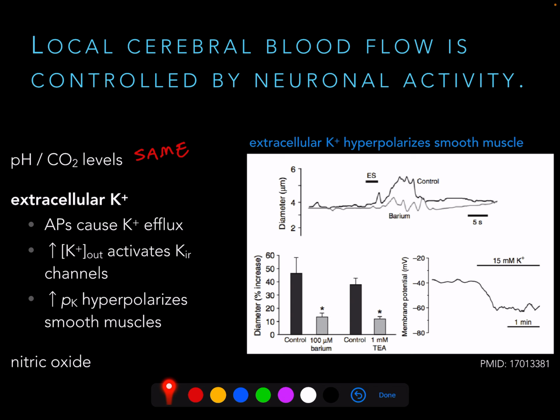In addition to creating carbon dioxide, active neurons also spit out potassium, right? Remember, every time we fire an action potential, we spit out a bunch of potassium. If we increase extracellular potassium, we might expect depolarization. And that is true for neurons, but not smooth muscle. Notice their resting membrane potential, far depolarized compared to neurons.